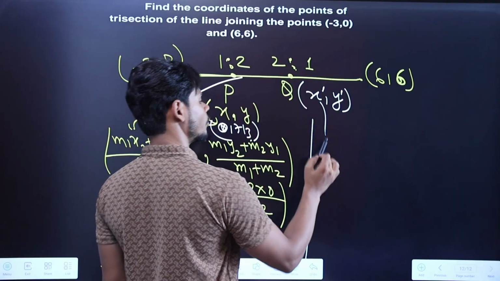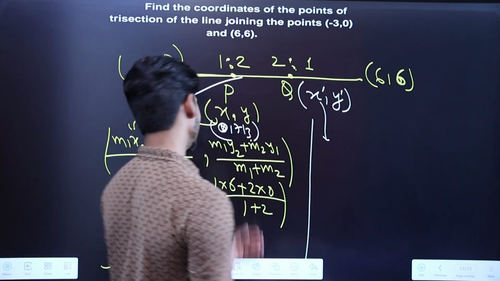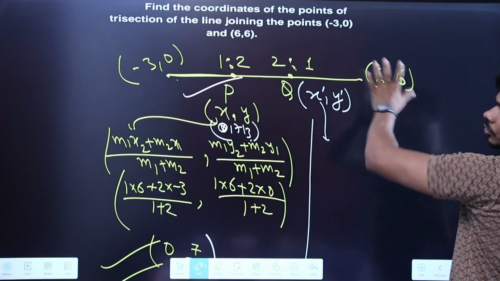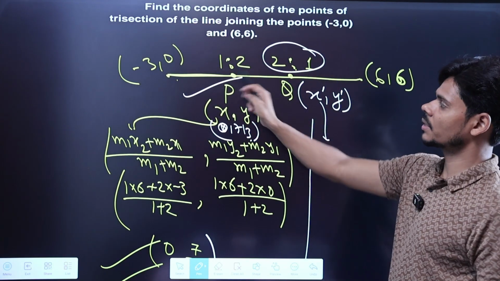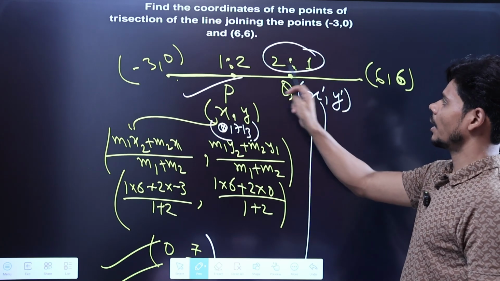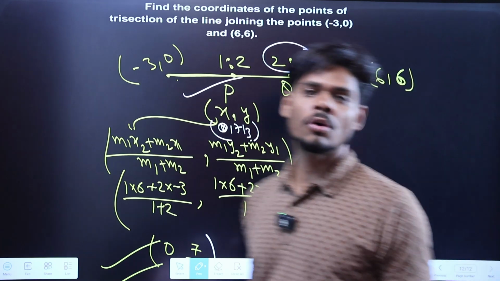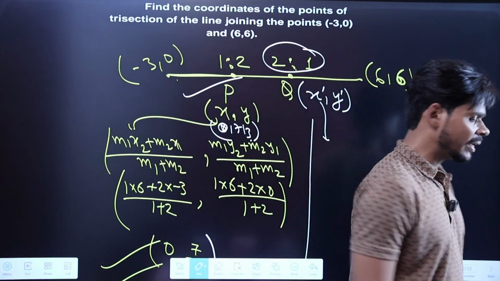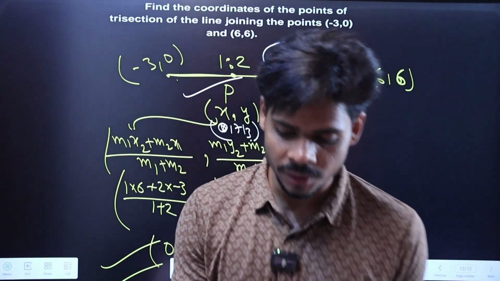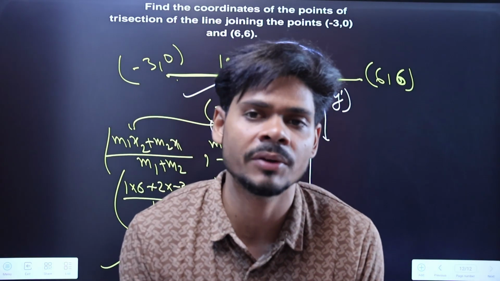Apply exactly the same formula, just substitute. The change will be in the ratio m1 m2. Here it was 1:2, this time it will be 2:1. Got it?